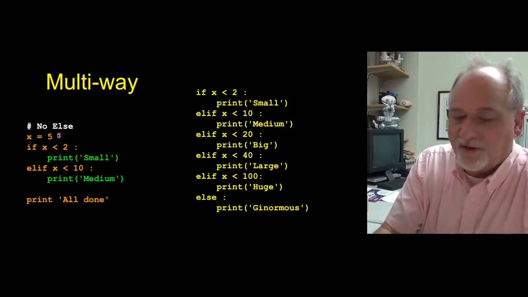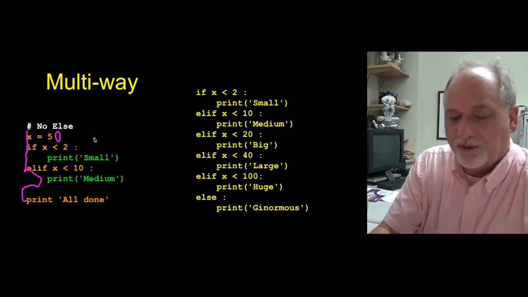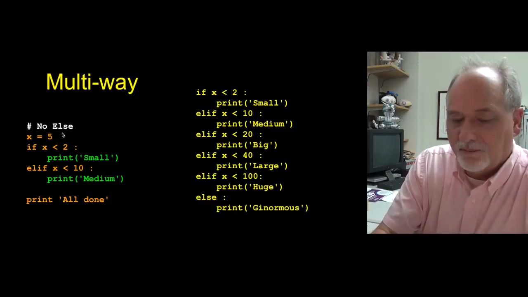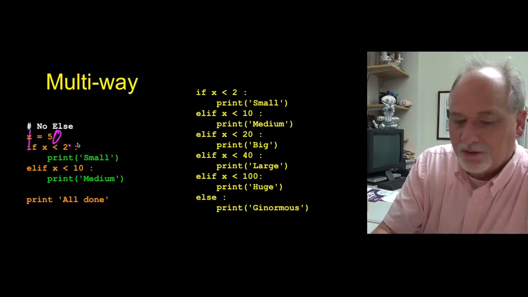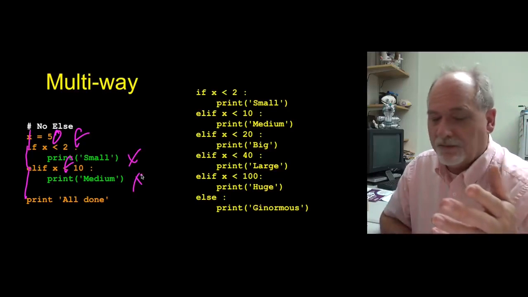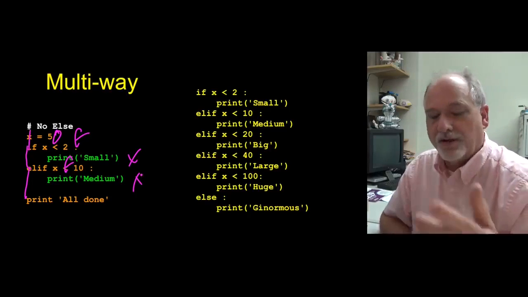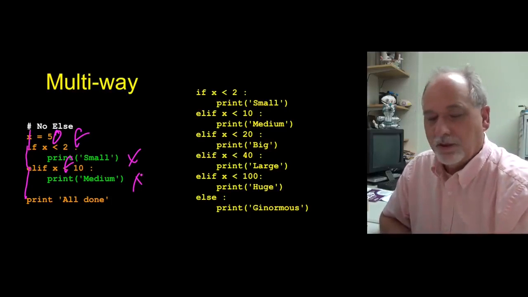In this case, x is 5, so it's not less than 2, but then it runs this one. But if x was 50, for example, then this would be false, and it would skip, and this would still be false, and it would skip, and neither of these two would run. So if you don't have an else, you're not guaranteed that one of them is going to run, because else is like the catch-all. If the other ones are all false, then the else is the one that runs.